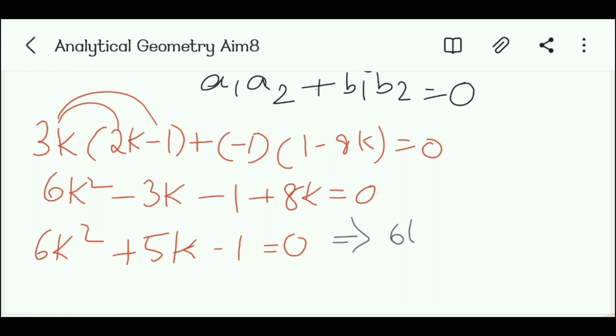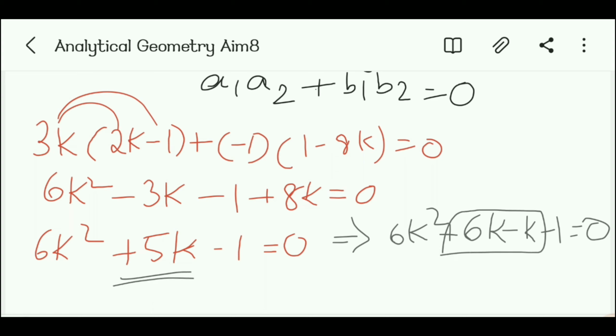So 6k square, here I want positive 5, which means obviously the bigger number should be plus. So that's why plus 6k minus k minus 1 is equal to 0. Am I right? Yeah.